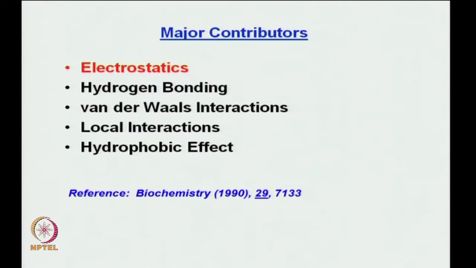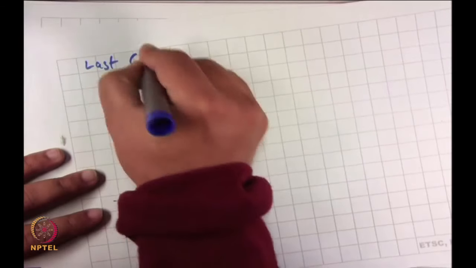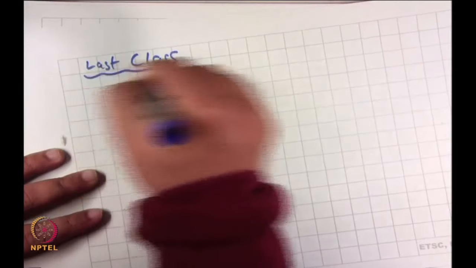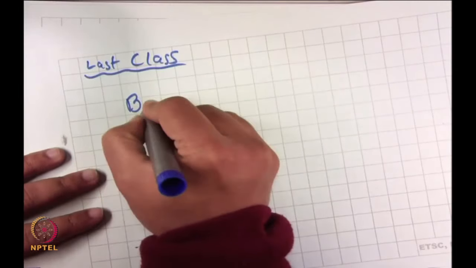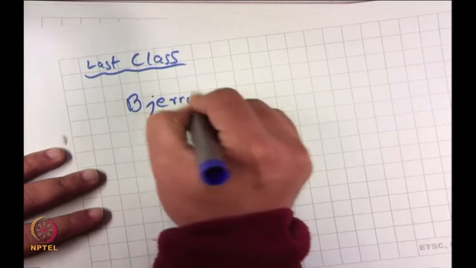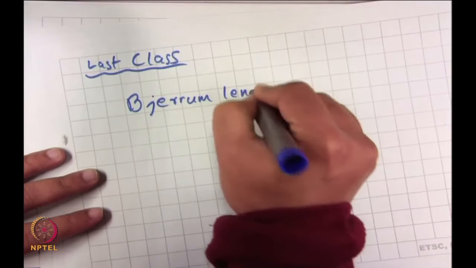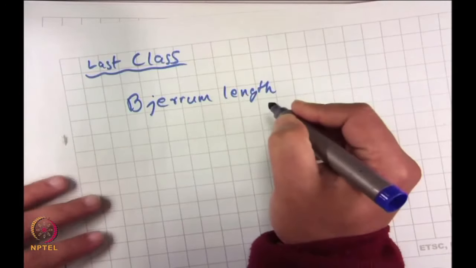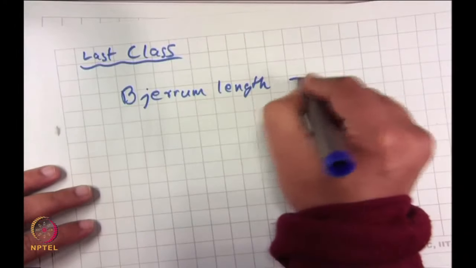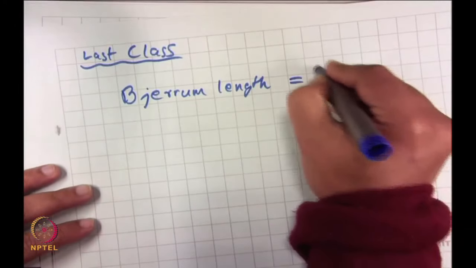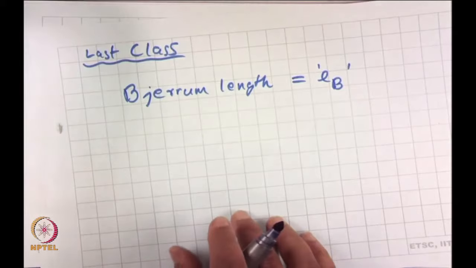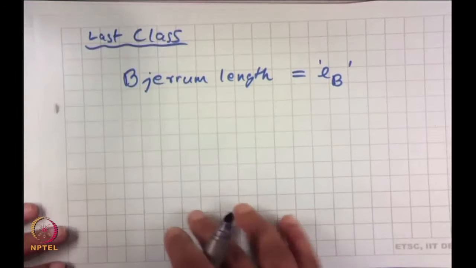So, last class, just a quick recap. We looked at this length known as the Bjerrum length, right, and this is represented by L of B. And what did we say the significance was?